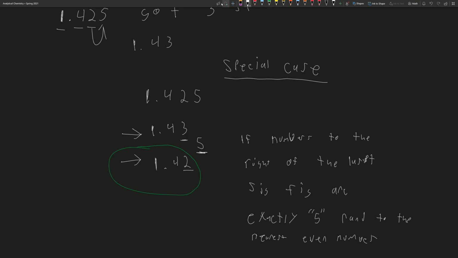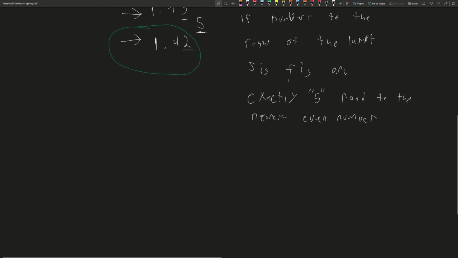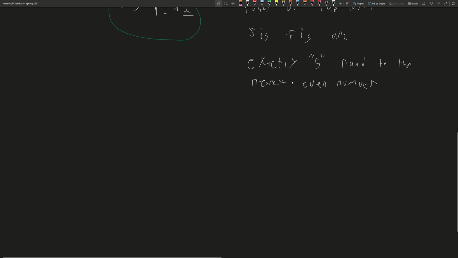So let me do a few examples of this. Let's say 3 sig figs.